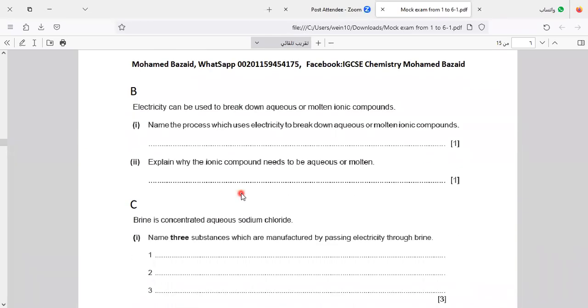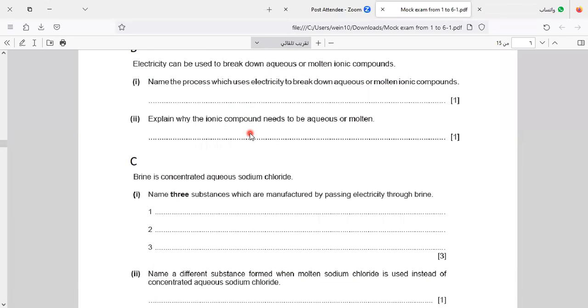This question: the process uses electricity to break down an aqueous or molten compound. This is electrolysis. So here the answer is just one word: electrolysis. Number two, why does an ionic compound need to be aqueous or molten?